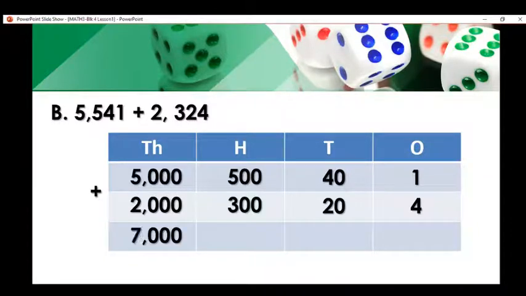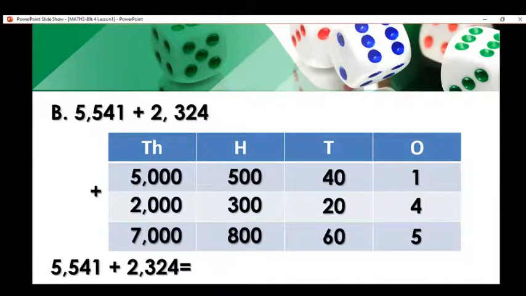So 5,000 plus 2,000, that would be 7,000. 500 plus 300, we got 800. 40 plus 20, 60. 1 plus 4, that is equal to 5. Now that we are done adding our expanded forms, we can get our answer by adding them.